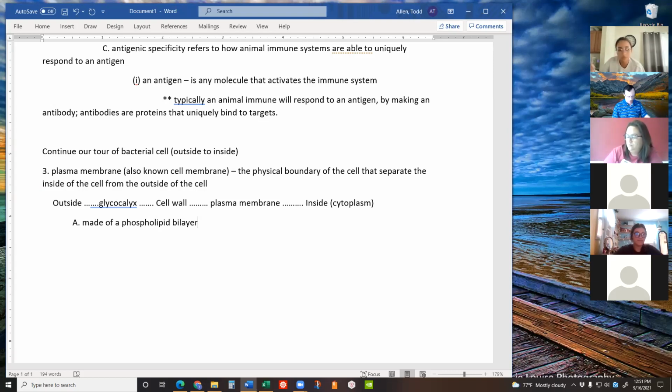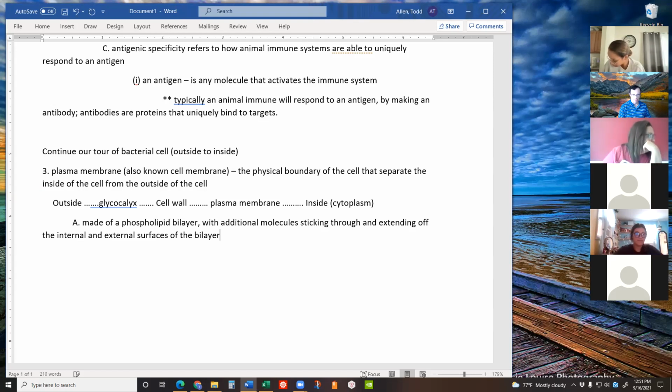It is made of a phospholipid bilayer with additional molecules sticking through and extending off the internal and external surfaces of the bilayer.